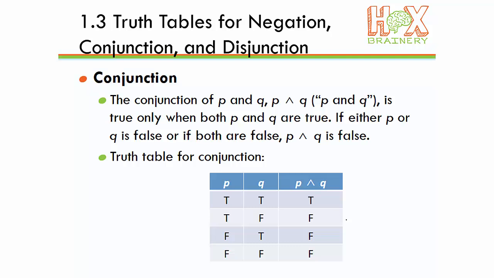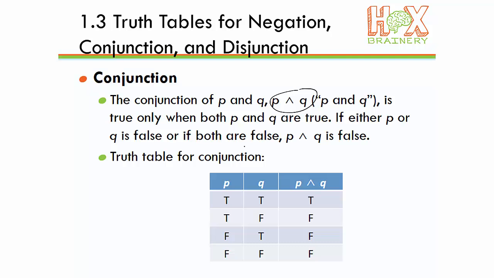So the conjunction of P and Q, that's how we'll read it, P and Q, and remember the symbol for the conjunction. This is going to be true only when both P and Q are true. If either P or Q is false, or if both of them are false, then the conjunction ends up being false.